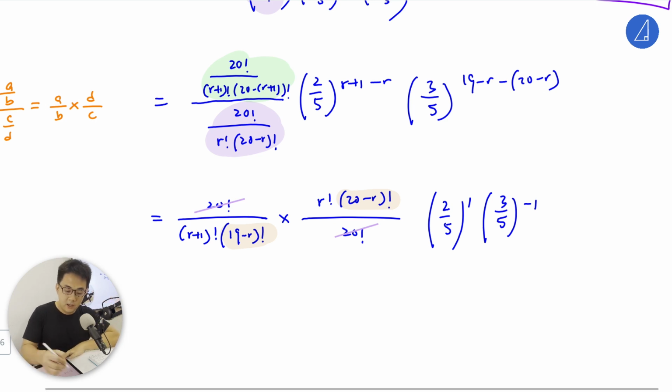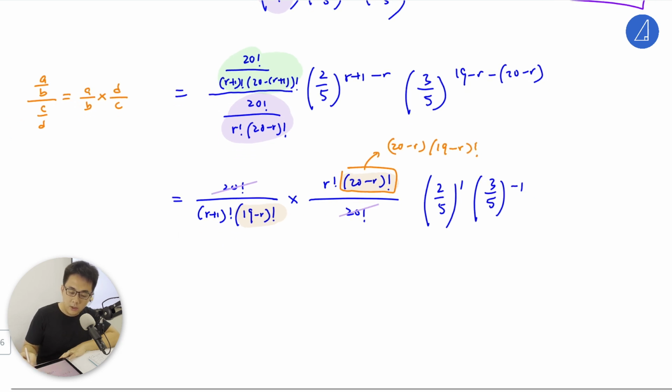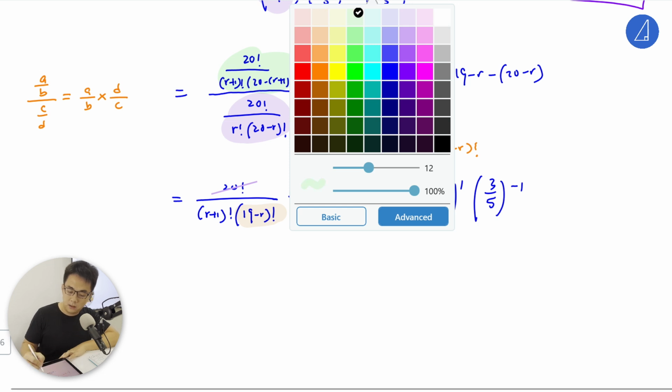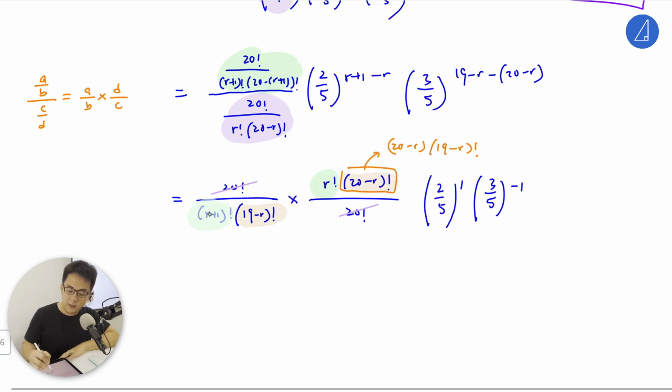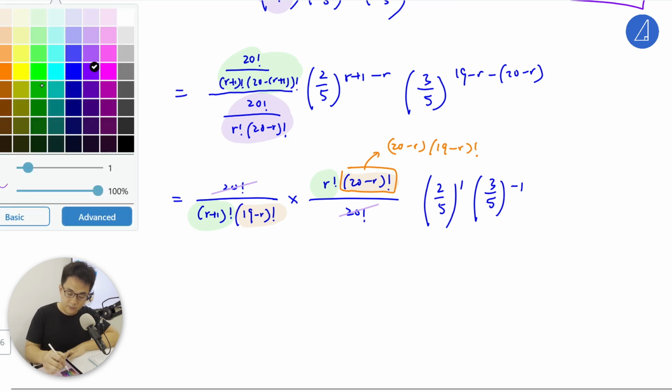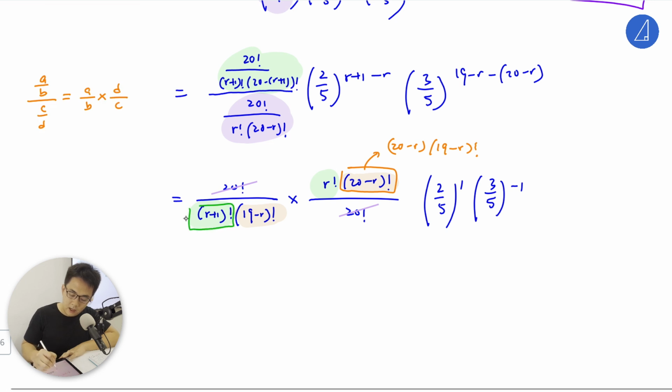Okay, so that's that. This guy here, I'm just going to write as (20 minus r) (19 minus r) factorial. Then you look at the r factorial and the (r+1) factorial. Obviously, (r+1) factorial is bigger. So this guy here, I'm going to write as (r+1) r factorial.